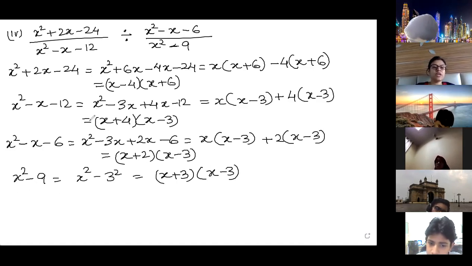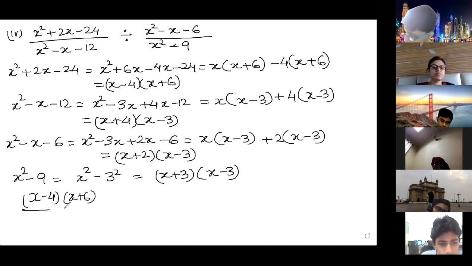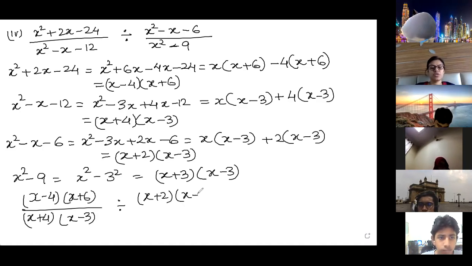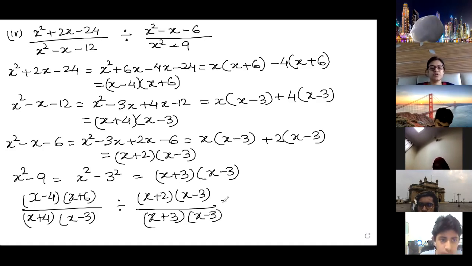Now putting all the values, first one is x minus 4, x plus 6 upon the next one, x plus 4, x minus 3, divided by x plus 2, x minus 3 and upon x plus 3, x minus 3 equal to, put multiplication sign.